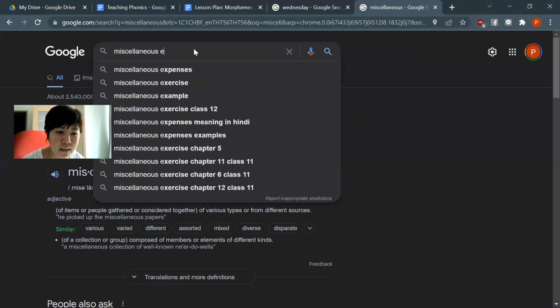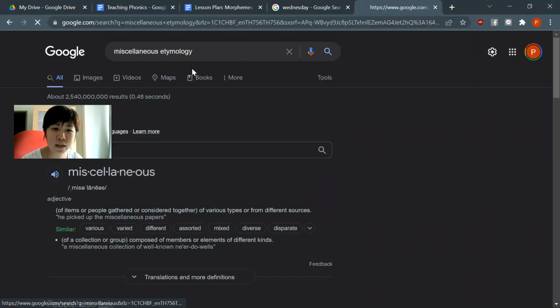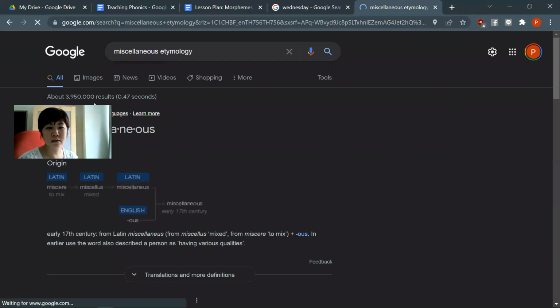If you want to know where it comes from, you just search the etymology. Etymology is the history. Okay, it's from Latin. Latin miscere means to mix. Miscellus is mixed. So that became miscellaneous, mixed.